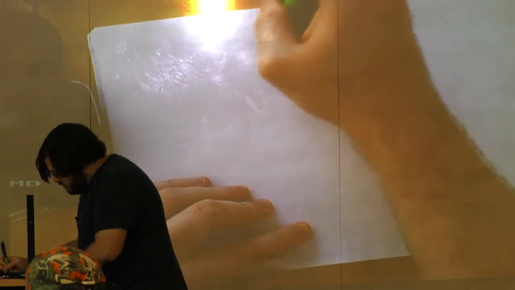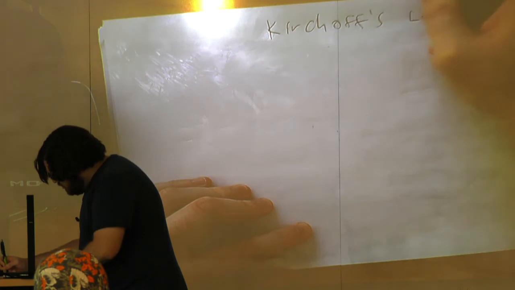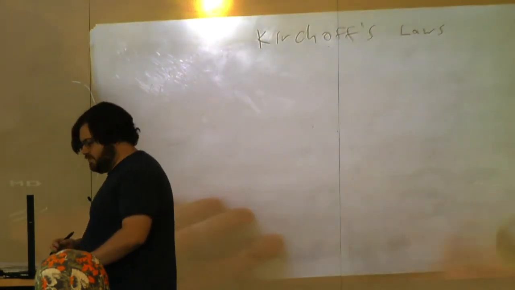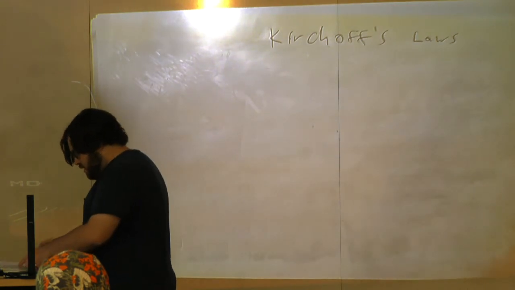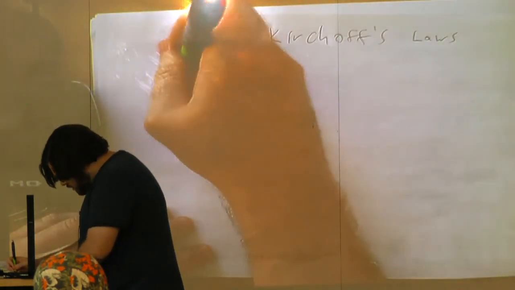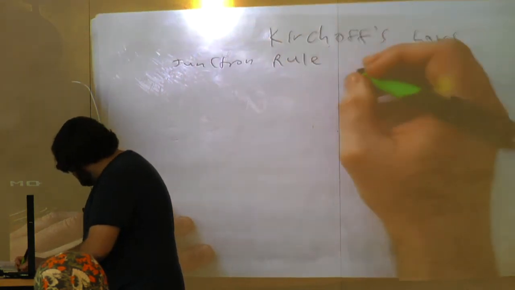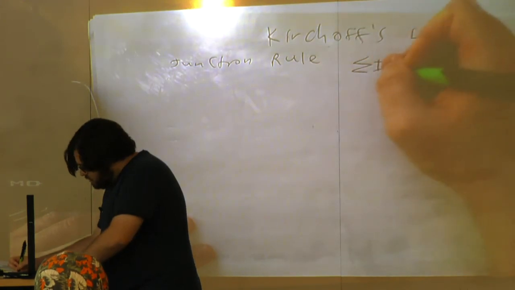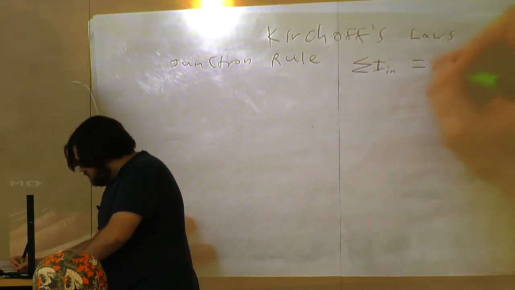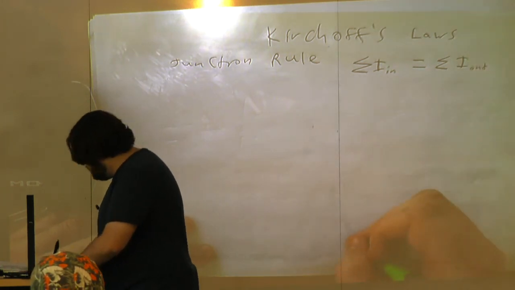So I'm going to talk about Kirchhoff's laws, and if we do have time, we are going to do a problem of this because this is very important. But we have two rules. The junction rule tells you that the sum of the current into a junction is equal to the sum of the current out of a junction. Right?